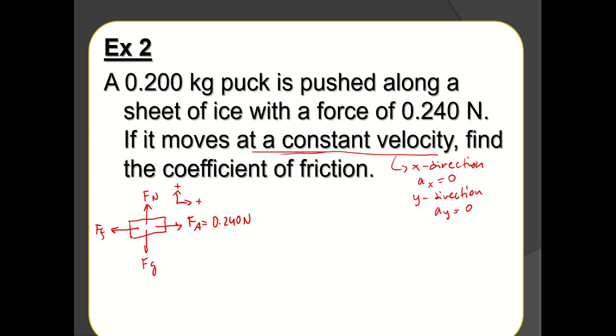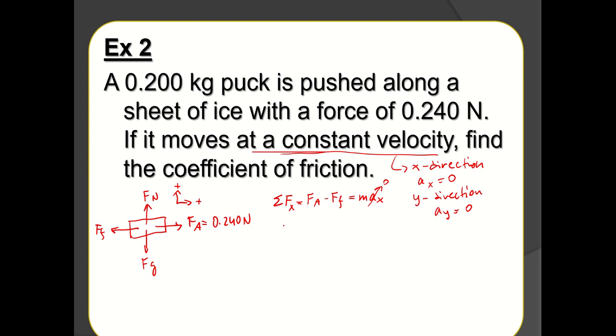Next, write your equations. So let's write the equation for x. My F-net in the x direction is going to be the force applied minus the force of friction, and this equals my mass times the acceleration in the x direction. Now I know that this part is going to go to 0 because the velocity is constant.